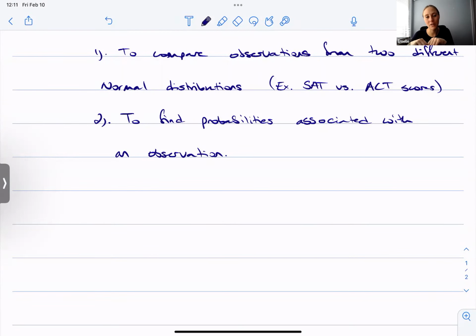Sometimes we do it without it following the normal distribution. We just standardize things. But for us, it'll always be part of the question that it follows a normal distribution, so we're safe. But I standardize even if it's not normal sometimes, which is my answer.